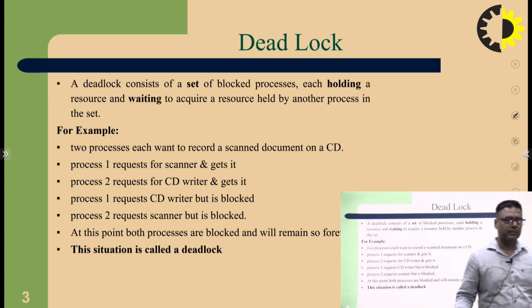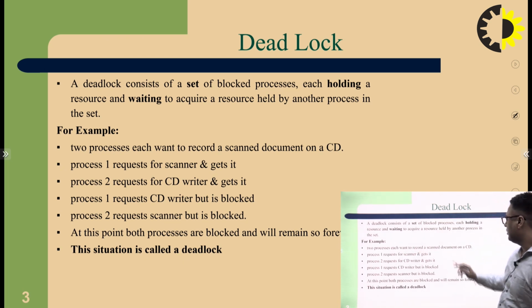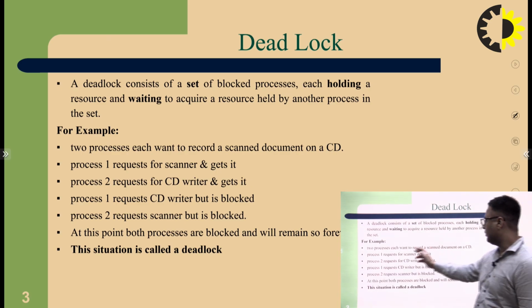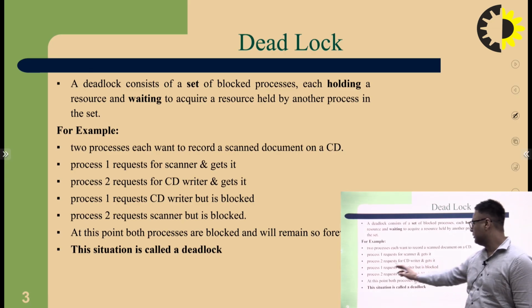Here is one example. Two processes each want to record a scanned document on a CD. Process one requests the scanner and gets it, so one resource is already allocated to process one. Process two requests the CD writer and gets it.